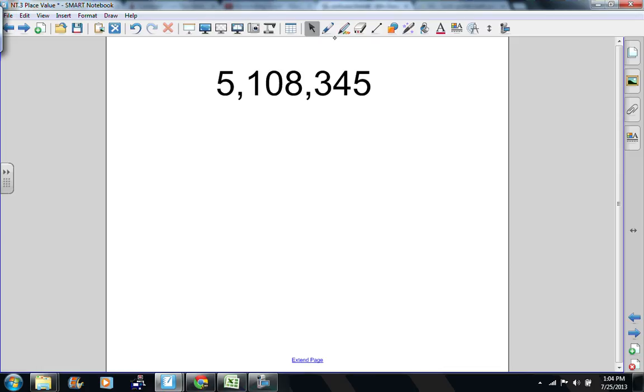So, right away, if this is the decimal point, which it is, this is the ones place, because there are 5 ones there. This is the tens place, and this is the hundreds. And this continues on all the way through. That makes that the 1,000, 10,000, 100,000, and then million.